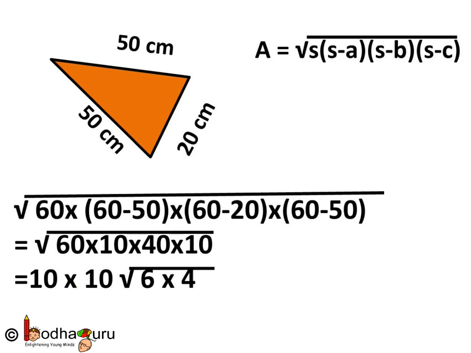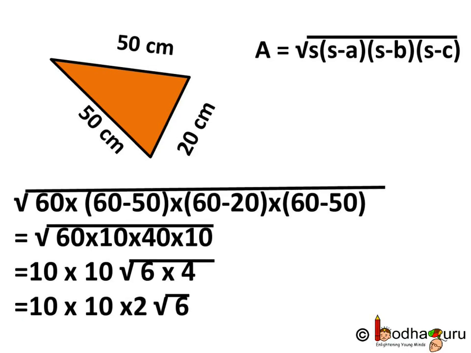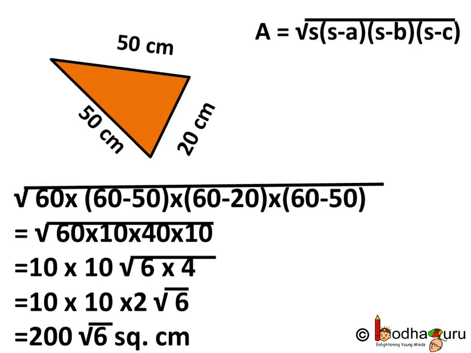And now only 6 and 4 remain inside the square root. Square root of 4 is 2. So 2 will also come outside the square root. Now only 6 is remaining inside the square root. So the area of one triangular piece would be 200 square root of 6 square centimeter, as all the sides are given in centimeter.